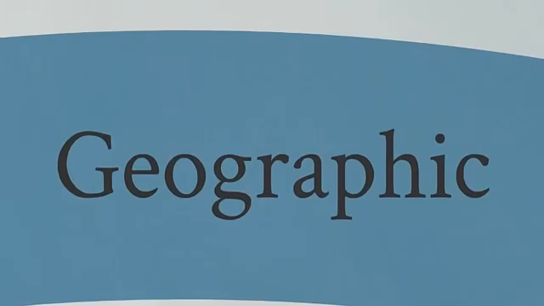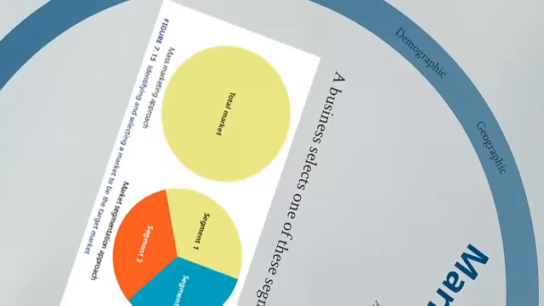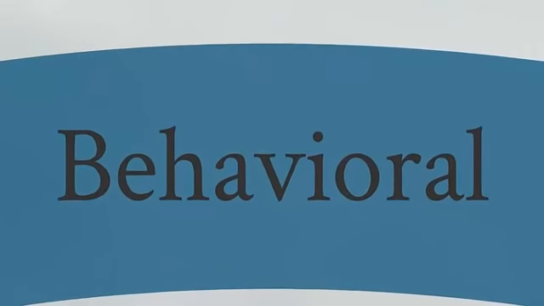Geographic. Region, suburb, whether rural or urban. Behavioural. There's a lot of research done on that. Purchase occasion, how many times do they buy this particular product? How loyal are they? The usage rate. The ultimate aim of market segmentation is to increase sales, market share and profits by better understanding the target market and the attributes.